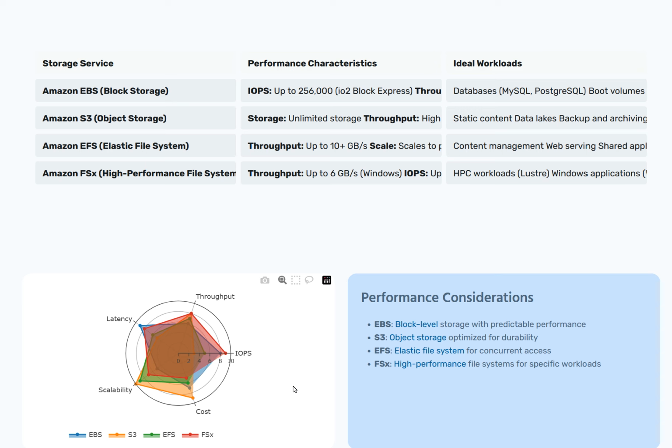So EBS and FSX are sort of high performance, and then S3 and EFS are a middle type for performance, right?